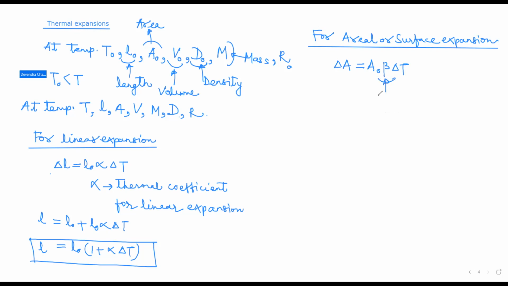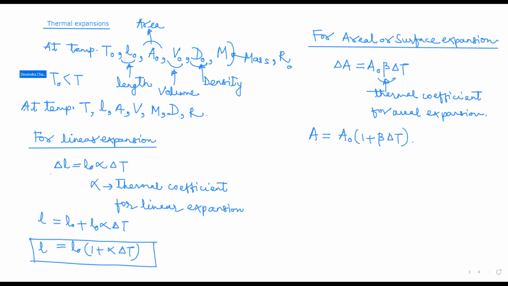This is thermal coefficient of aerial expansion. Okay. So area A at any temperature T is given as A naught times (1 plus beta delta T).